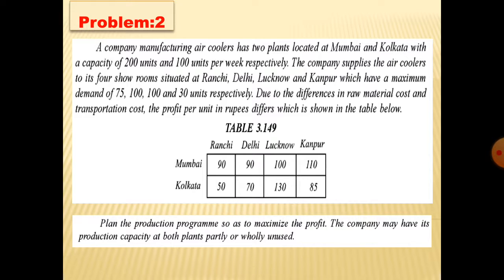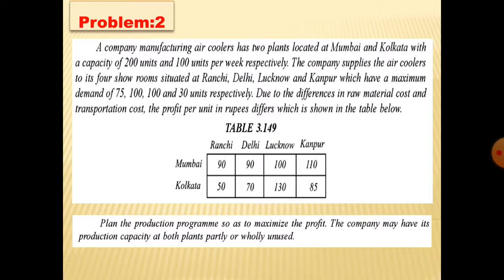The company supplies the coolers to its 4 showrooms situated at Ranchi, Delhi, Lucknow and Kanpur, which have a maximum demand of 75, 100, 100 and 30 units respectively. Due to the difference in raw material cost and transportation cost, the profit per unit in rupees differs, which is as shown in the table.